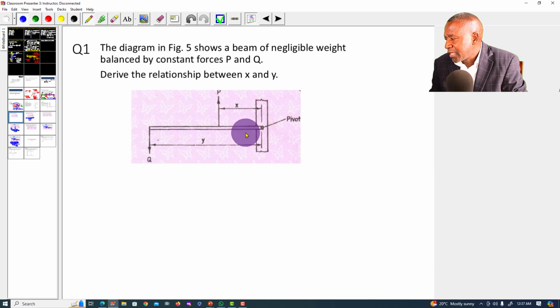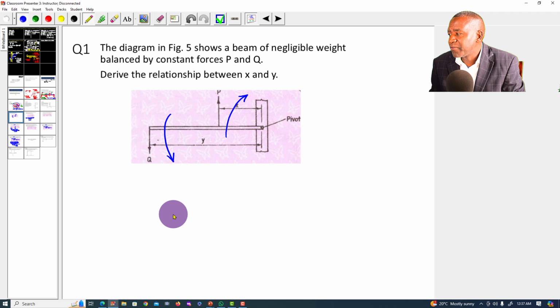And then you decide which forces tend to turn that system clockwise about that point and which tend to turn it anti-clockwise. It's clear that P tends to turn that system in the clockwise direction, like that. While Q, because of the way it is pointing, will turn the system anti-clockwise.